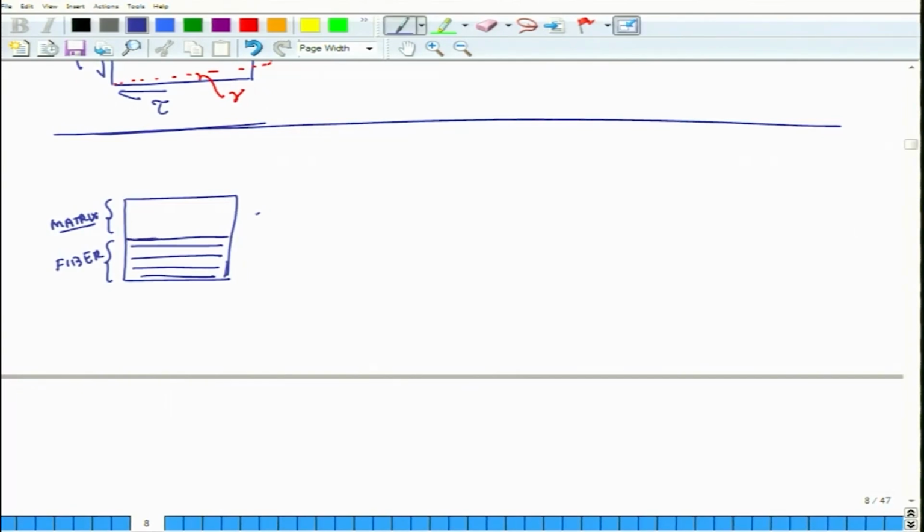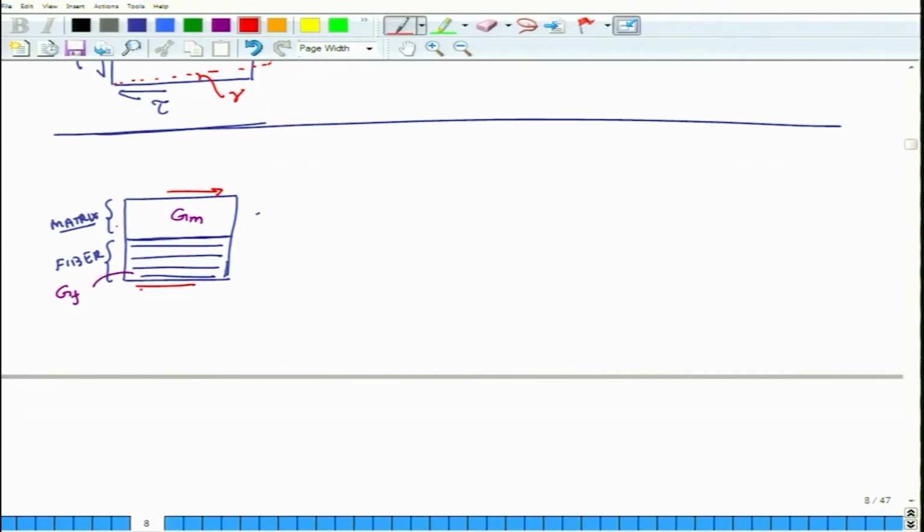So, the lower portion is pure fiber, and the upper portion is pure matrix, and let us say that the shear modulus for fiber is GF, and it is GM for matrix, and now I apply some shear strain to it.